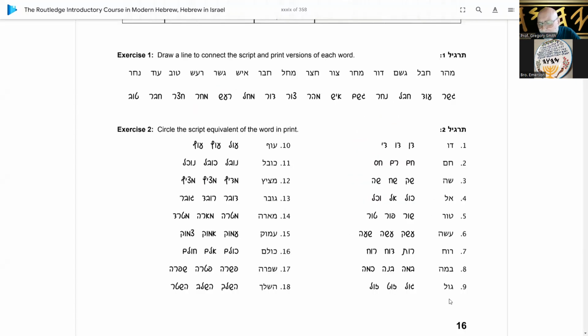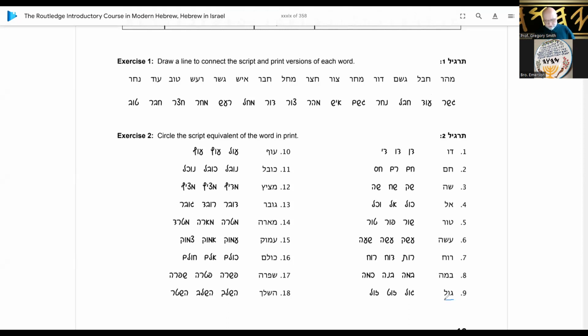Okay, so the last one we have, this looks like a ghoul, maybe. It's either ghoul or gol. Let's see what it is here. Gol. Okay, it's a transliteration.